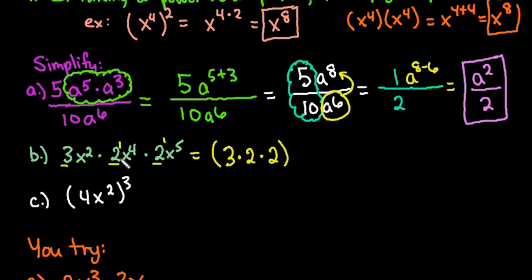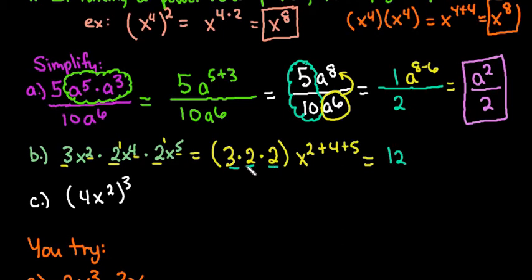So you can apply the same rules of exponents to bases that are numeric as well as bases that are variables. Now if we look at the x's, we would add the 2 plus the 4 plus the 5. So add the exponents, but multiply the coefficients. If we simplify, 3 times 2 gives me 6, times 2 more gives me 12.